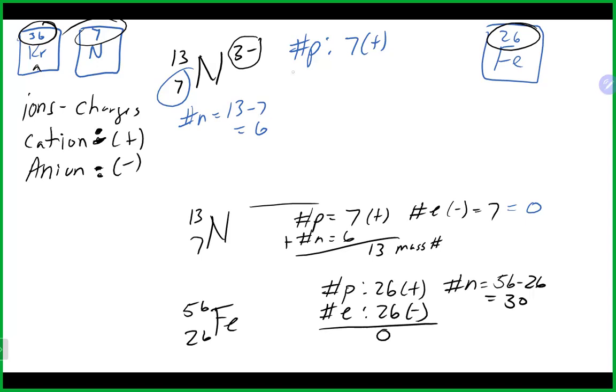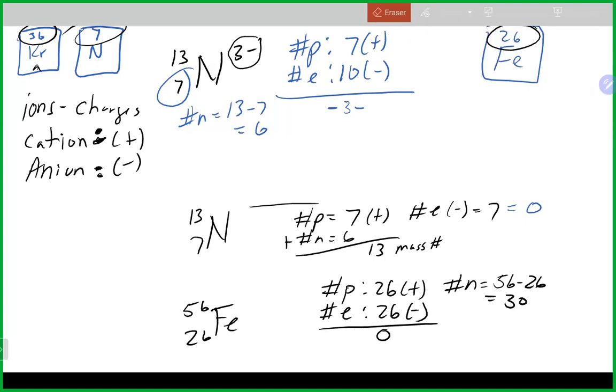Now, in this case, the number of electrons does have to change. How many electrons would it have? Well, we know overall the charge is -3, which means it actually has 10 electrons, right? If you take 10 electrons, which are negatively charged, and add 7 positives to it, you get -3.